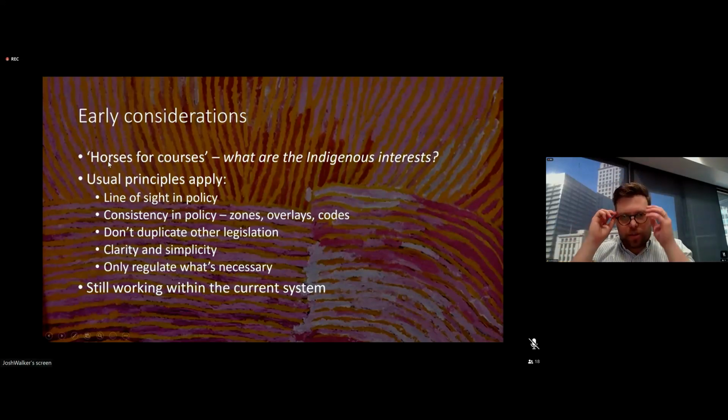It's all too easy to say, we'll put this in one zone and then it'll deal with it. But in actual fact, the outcomes that come through from engagement might cover multiple zones and multiple overlays and codes. So making sure that complex web all fits together and is effectively singing from the same hymn book.